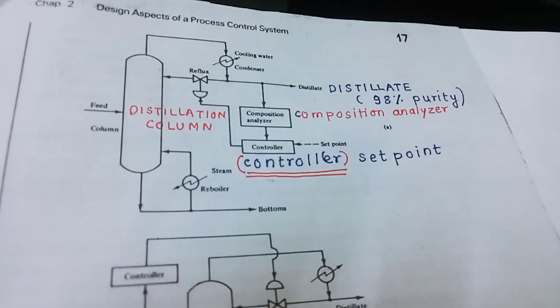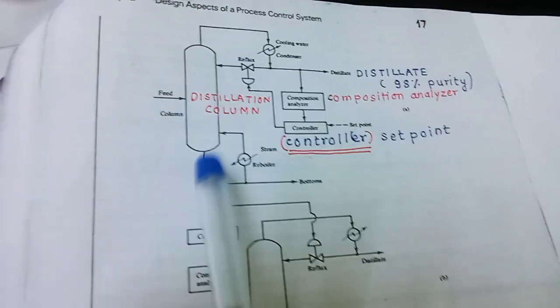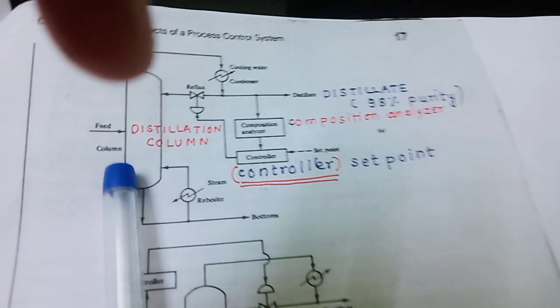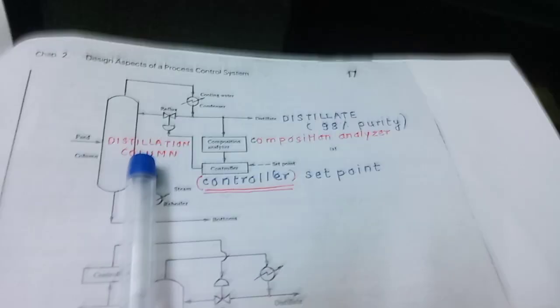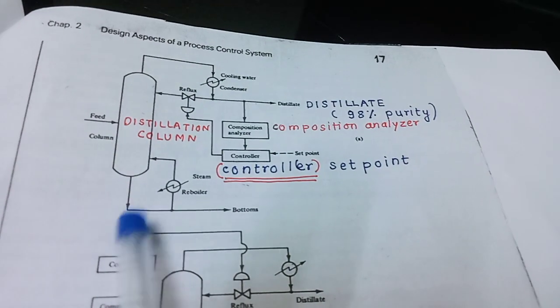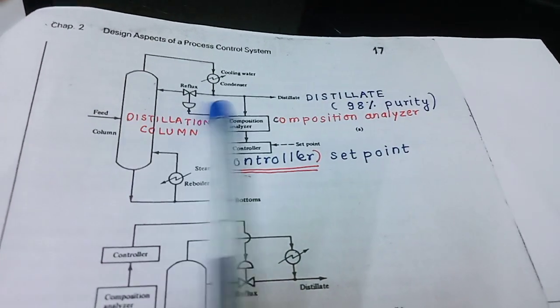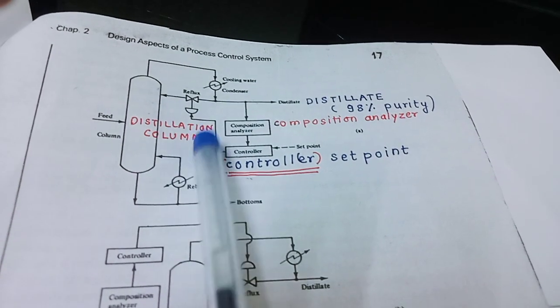Let us consider one example. This is a distillation column. In a distillation column, depending upon the difference in volatility or boiling point, different products are separated.